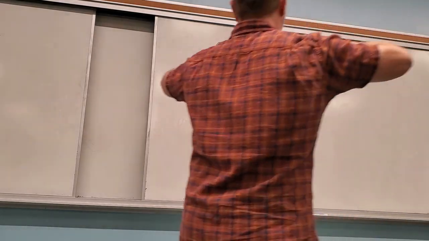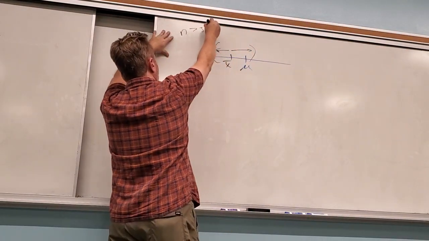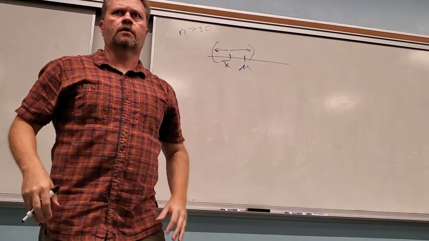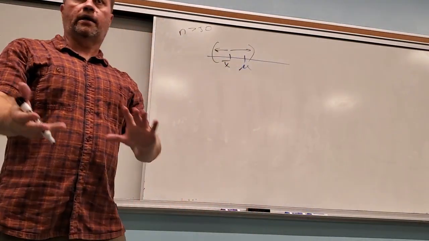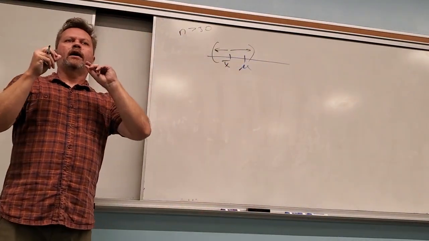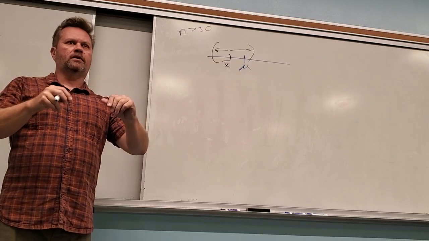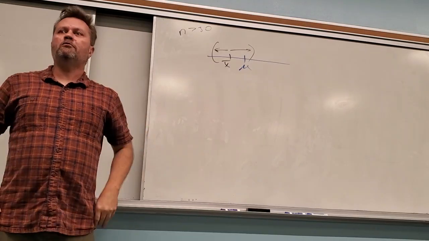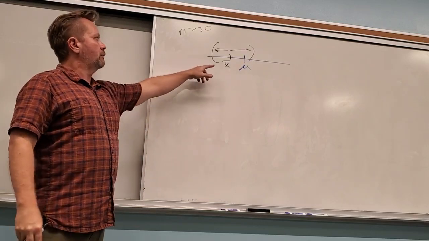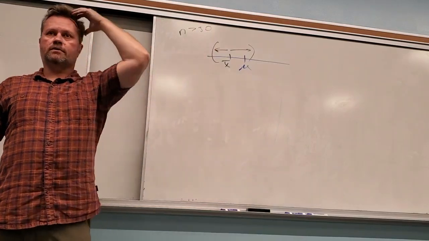Especially if I tell you that the sample size is greater than 30. 98% of the data. How certain would we be that we caught the real mean then? What would the probability be that we caught the real mean in this interval?